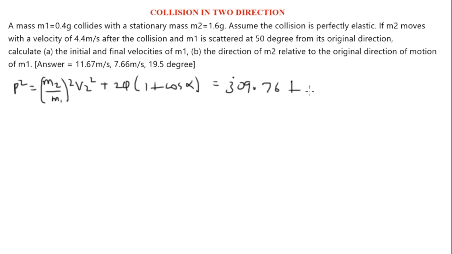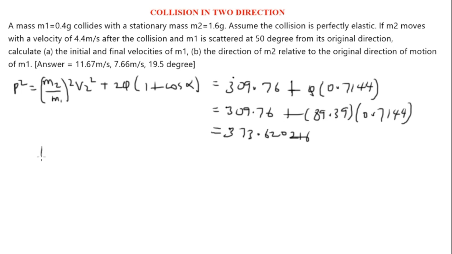So if you insert all of those, you will have 309.76 plus q, and then open bracket 0.7144. So you have something of this nature. Our q, which is 89.39, if we substitute it, p is the square root of 373.620216, which is equal to 19.33.